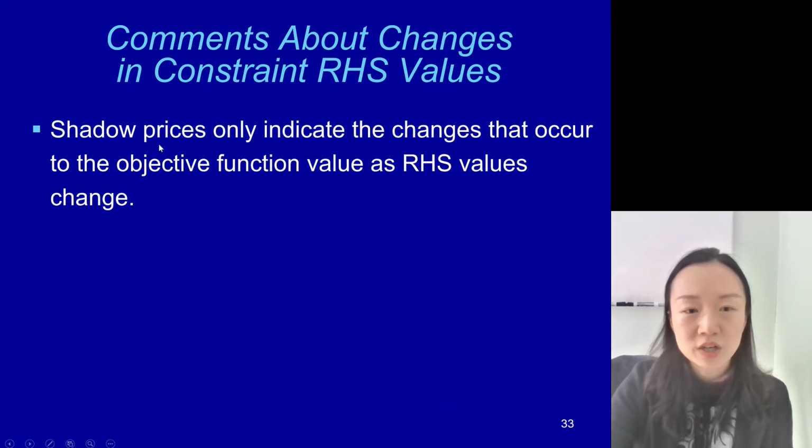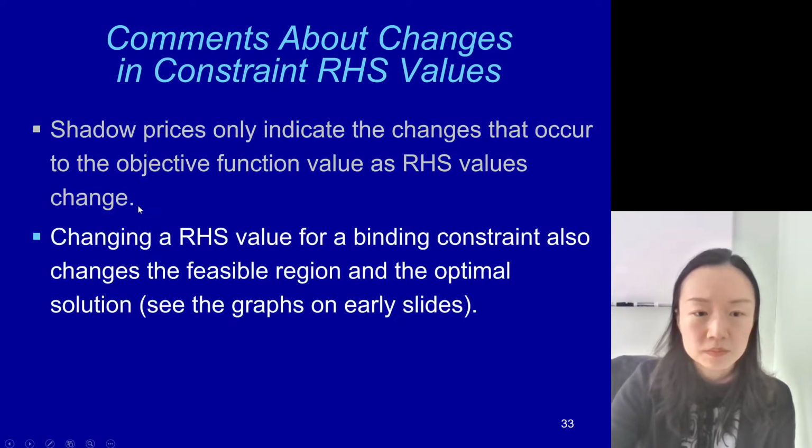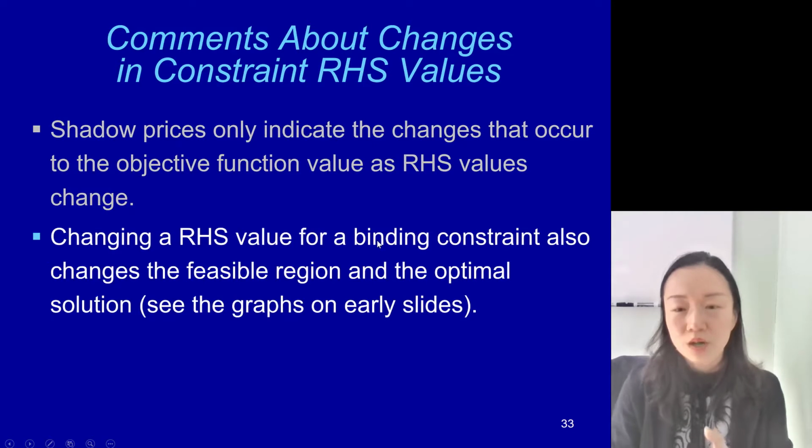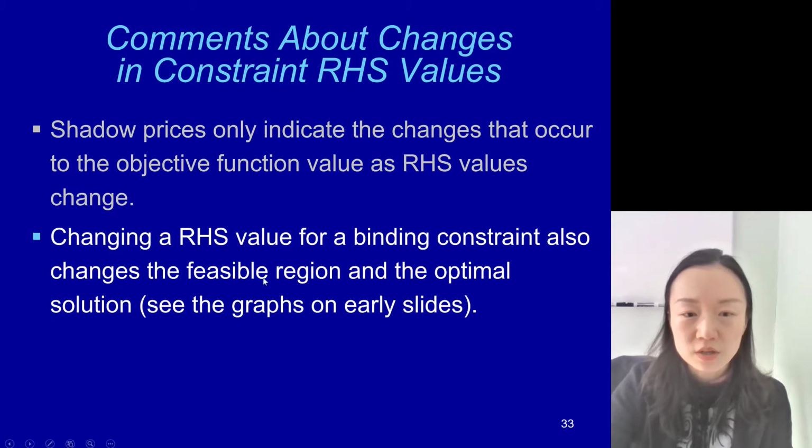Okay, so the shadow prices only indicate the changes that occur to the objective function value as the right-hand side values change. Changing a right-hand side value for a binding constraint, which is the one that defines the current optimal solution point, also changes the feasible region and the optimal solution.